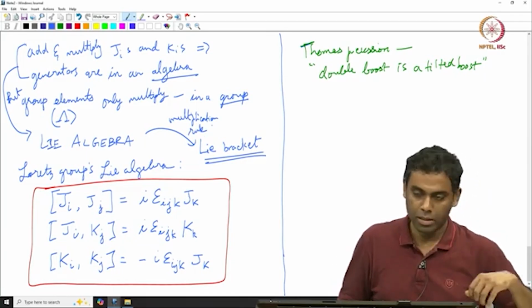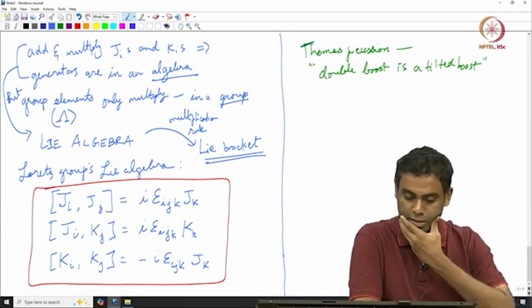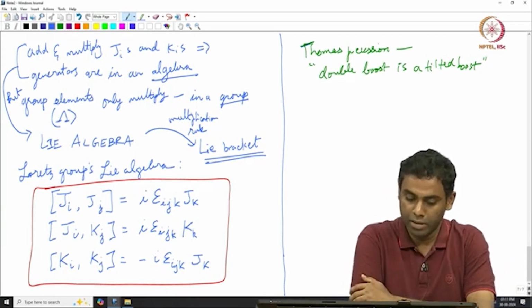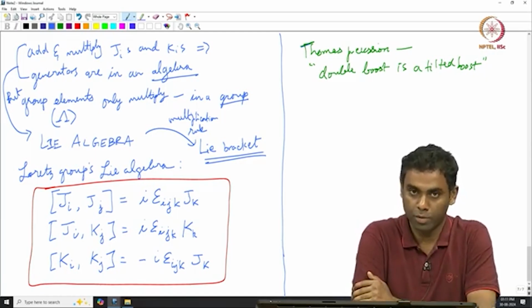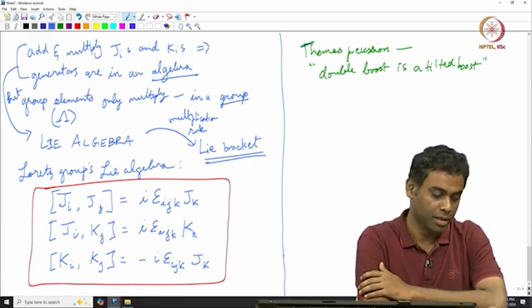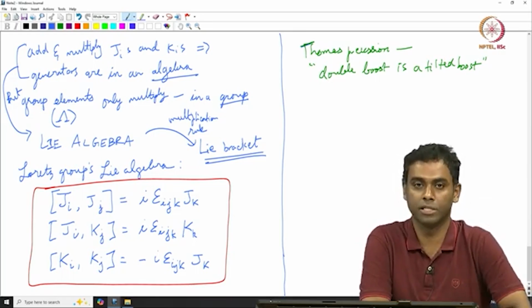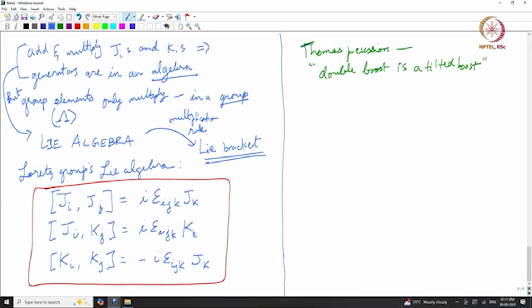So let me just end this class now by saying that this Lie algebra, for any Lie group, is kind of the most important thing that defines the representation of the group itself. This is really all you need to know to construct the representation, just like for the Dirac matrices you needed the anti-commutators.